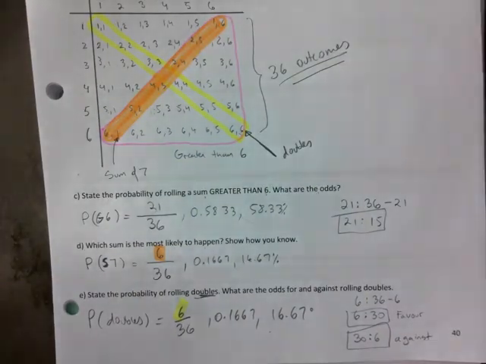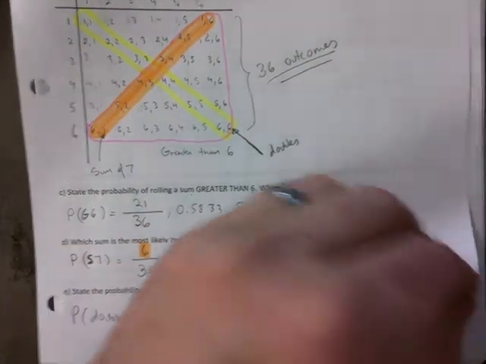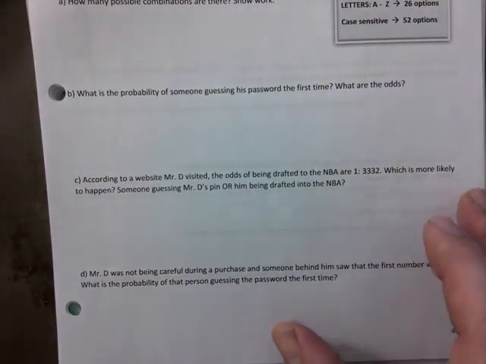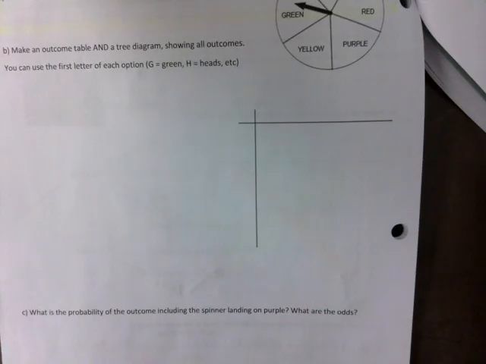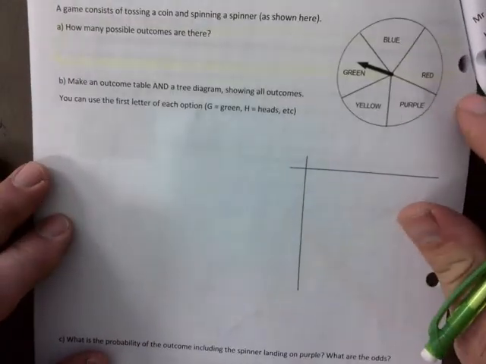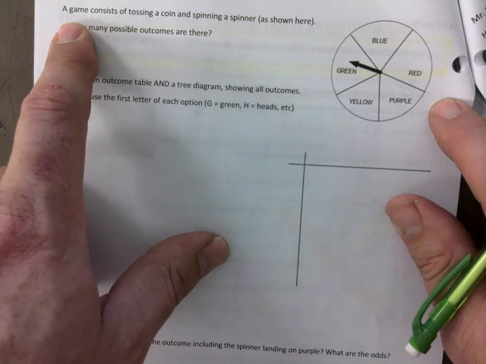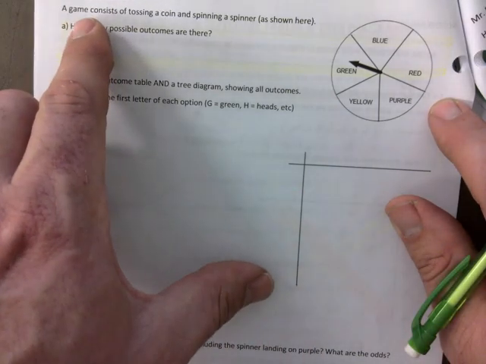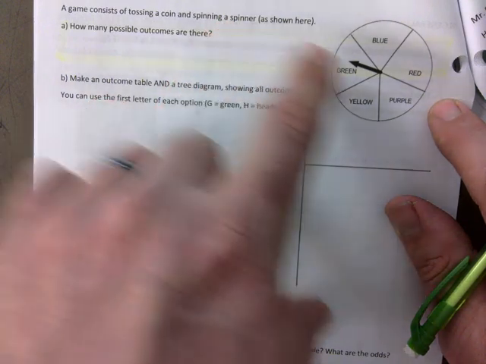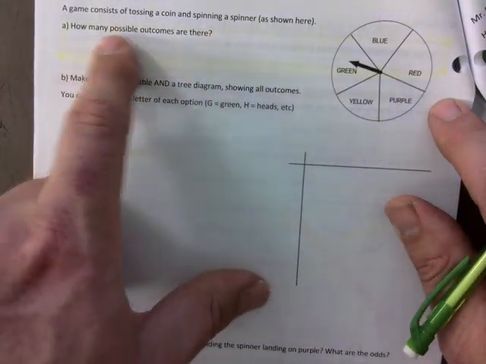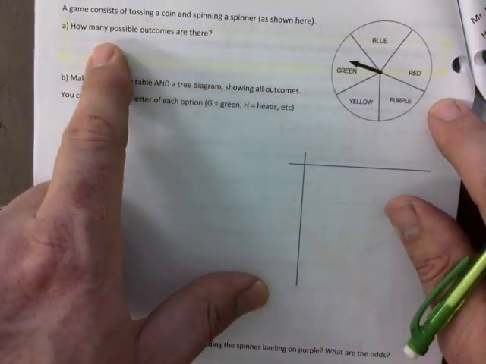I want you to spend some time navigating. Remember what I talked about the whole time up until this point. I want you to expand your knowledge. So a game consists of tossing a coin and spinning a spinner, this one here. How many outcomes will there be if you're tossing a coin and spinning a spinner?